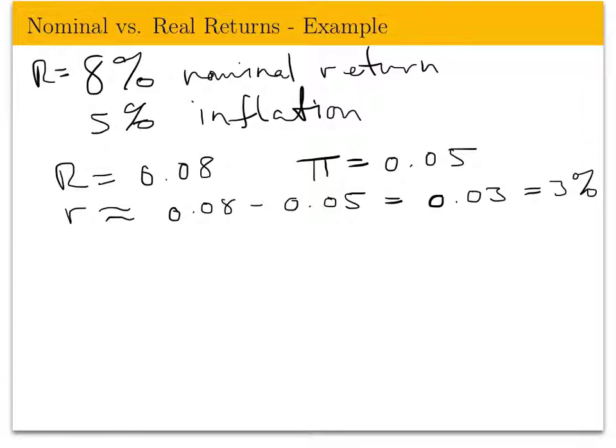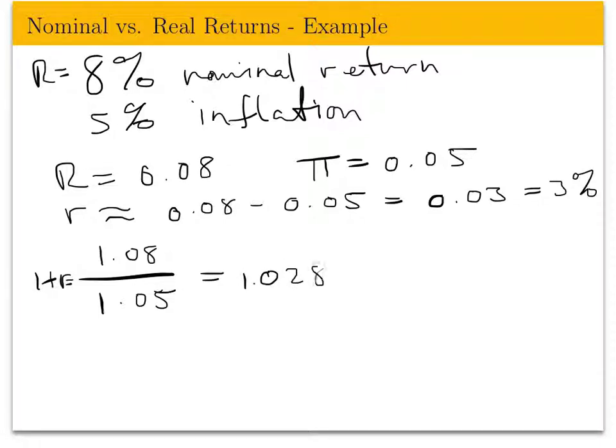Now, the actual real rate of return would be, we should say, 1 plus r is equal to 1.08 over 1.05. And it turns out that's equal to 1.0286.